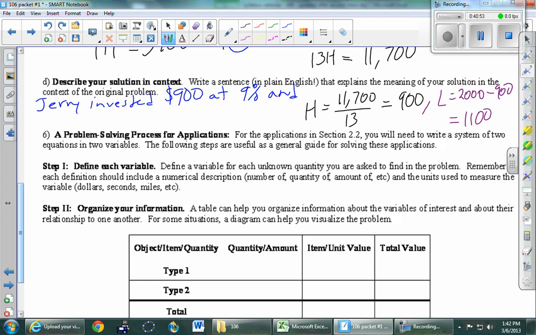And he also invested $1,100 at 4%. Should have done the other way.